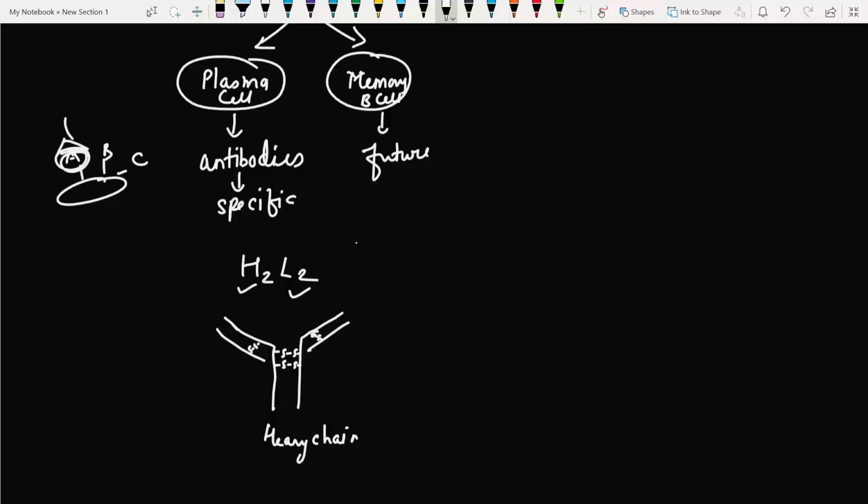Okay, disulfide bond. So in the case of antibodies, how does it recognize the specific antigen? There are two regions here. One is the very specific region, that is the variable region. And the other part, from this part to this part, is called the constant region, which is constant for all.